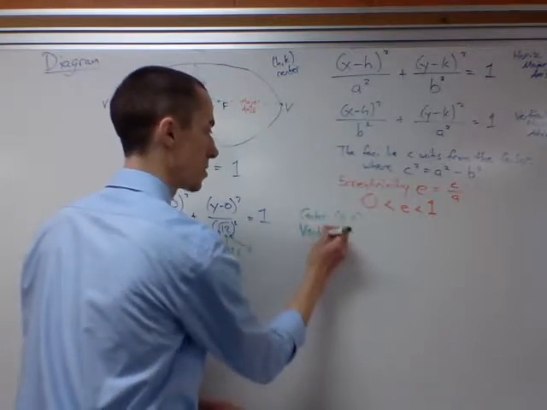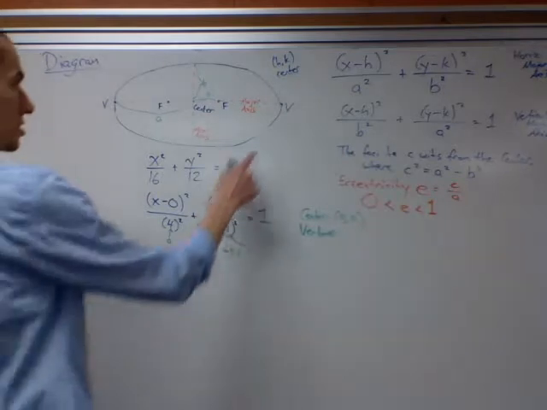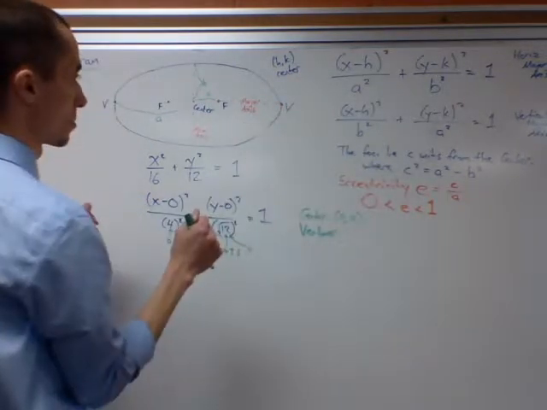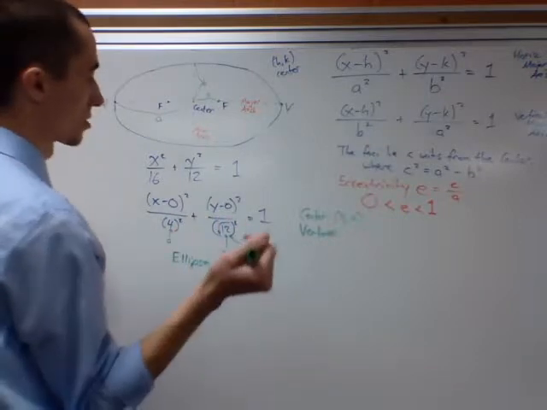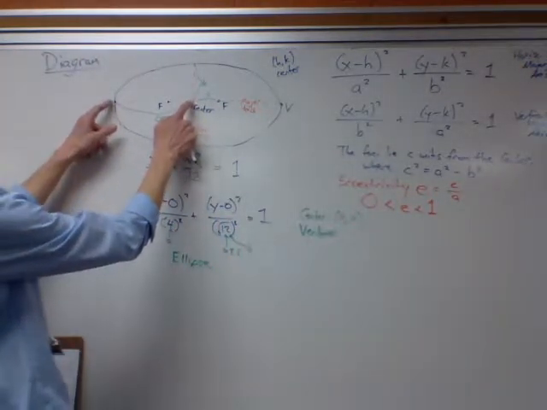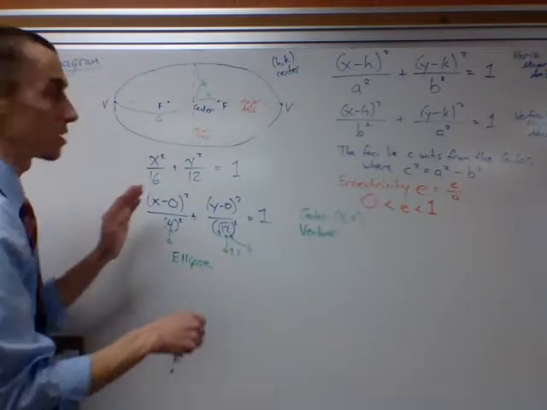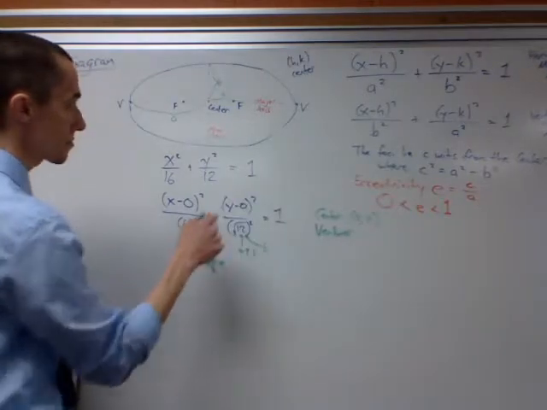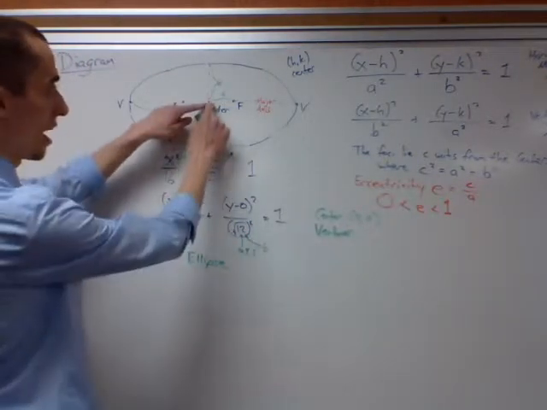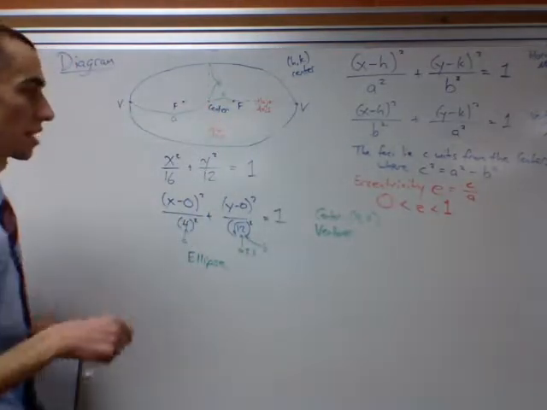It says identify the vertices. So remember, the vertices are these two endpoints of the major axis on the ellipse. So how do we find those? Well, we know that the distance from the center to a vertex is a units. So we can take our A, which is 4, and go 4 units to the right of the center and 4 units to the left of the center.